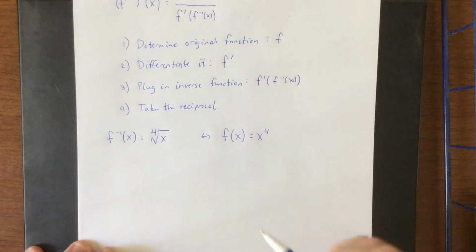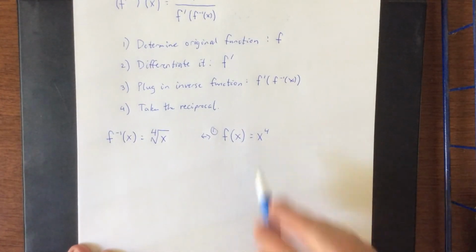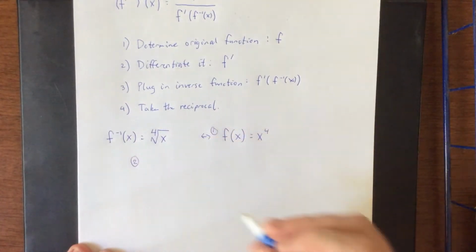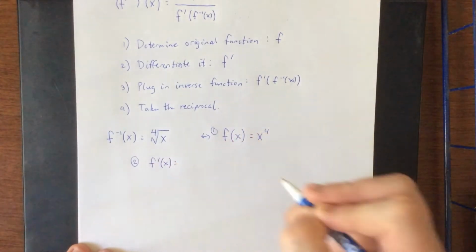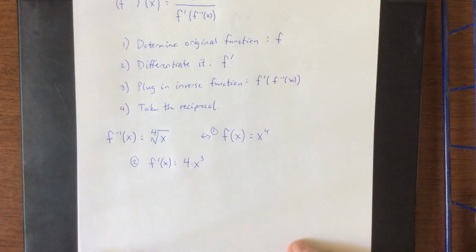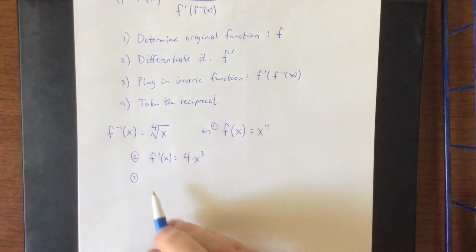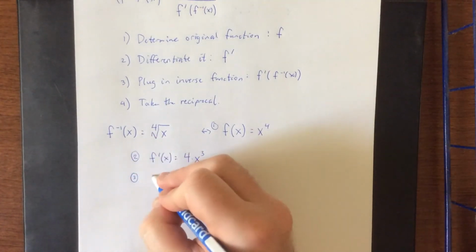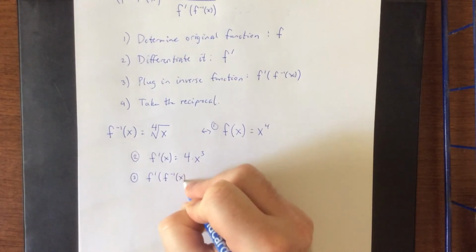Now, if we follow the four-step process that we saw above, this would be step 1, where we actually figure out the original function. Step 2 would be differentiate the function. So f prime of x would be equal to 4 times x raised to the third power, according to our power rule. Step 3 of the process would be go ahead and plug in the original function, and we'll get f prime of f inverse of x.